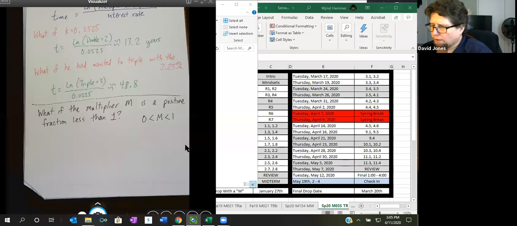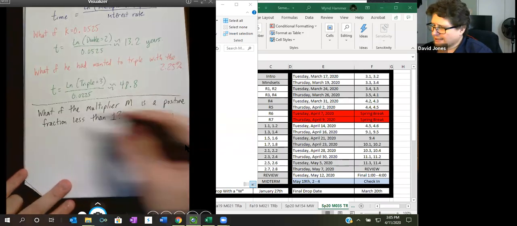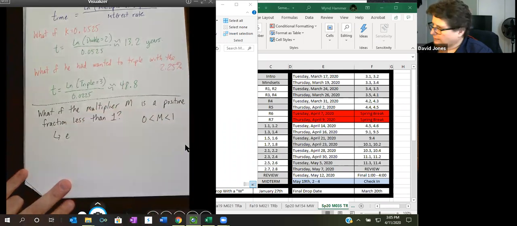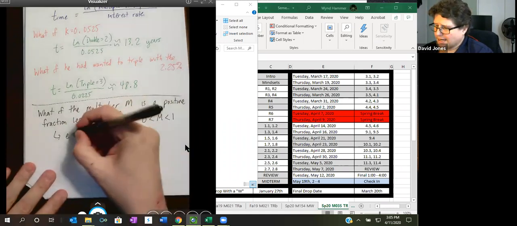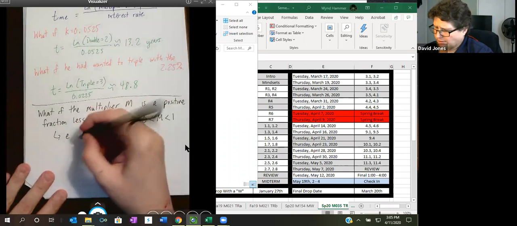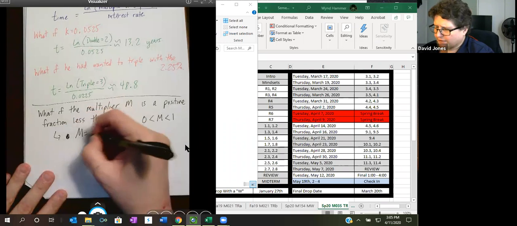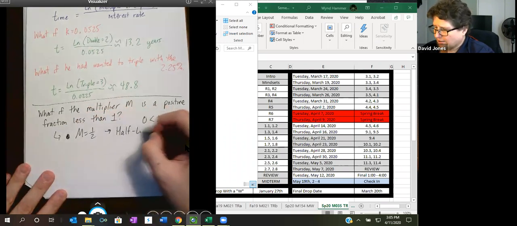Well, now this leads to exponential decay. Well, it's not really decay. Yeah, it's decaying, it's going up in value. If m equals 1/2, this leads to the idea of a half-life or carbon dating.